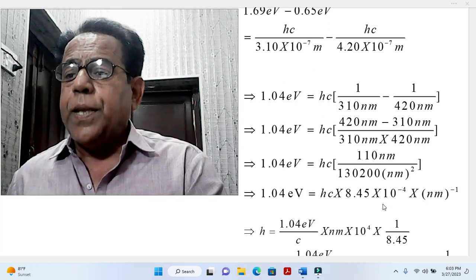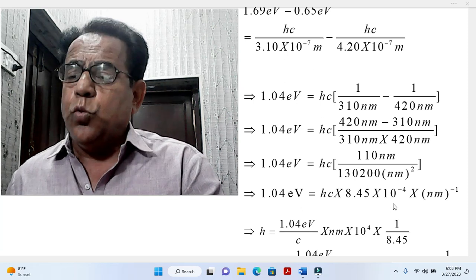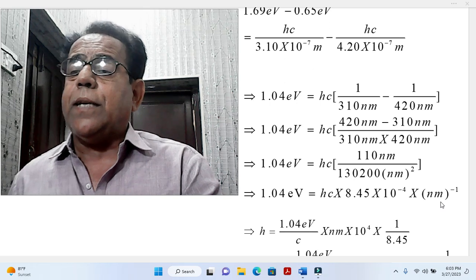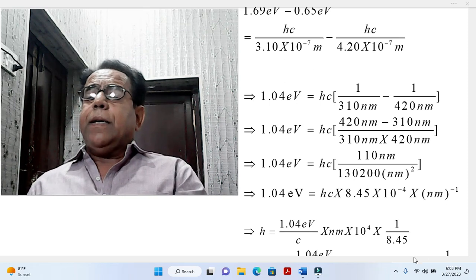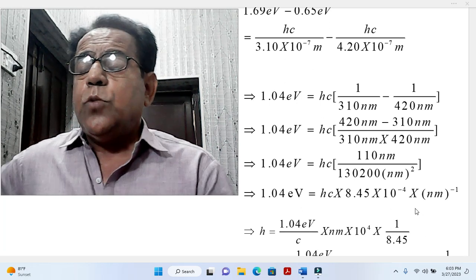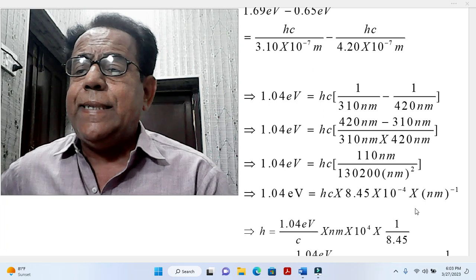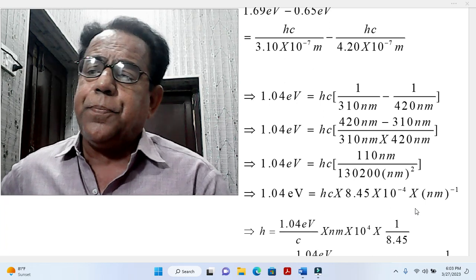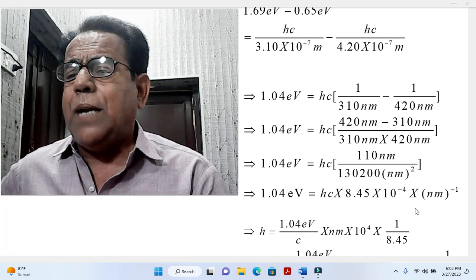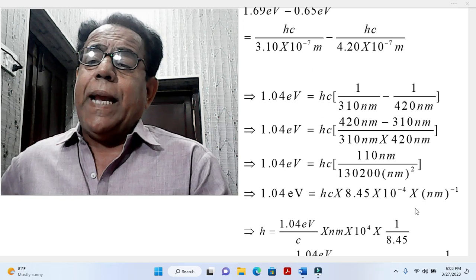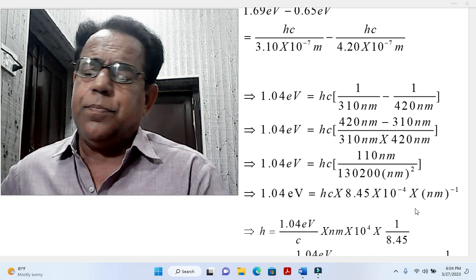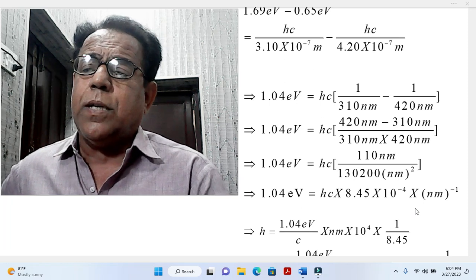So this expression will take the form 1.04 electron volt is equal to Hc into 8.45 into 10 to power minus 4 into nanometer raised to the power minus 1. In other words, we can also write it as per nanometer. Nanometer is in the denominator. So from here, H is equal to this over this. Simply we have kept H on one side and shifted all other things to the other side of the equality.